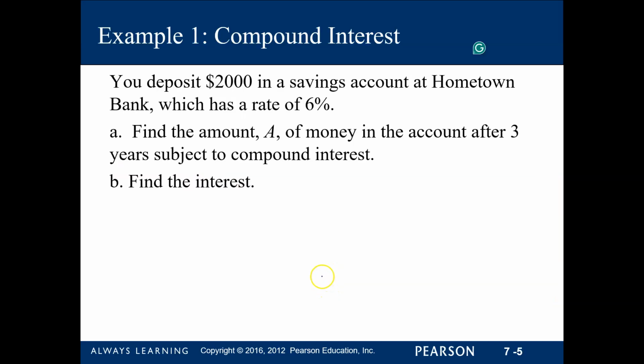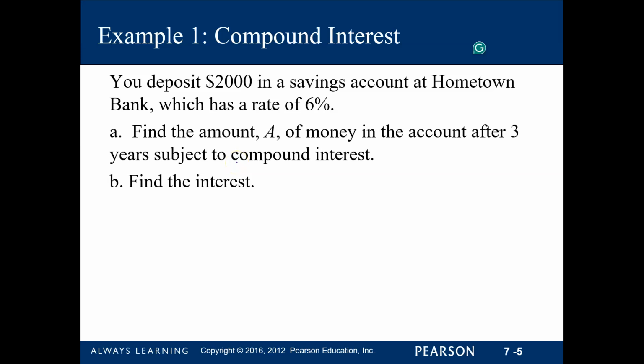All right. So let's take a look. You deposit $2,000 in a savings account at Hometown Bank, which has a rate of 6%. Find the amount, A, so the future amount, in the account after 3 years compound interest.